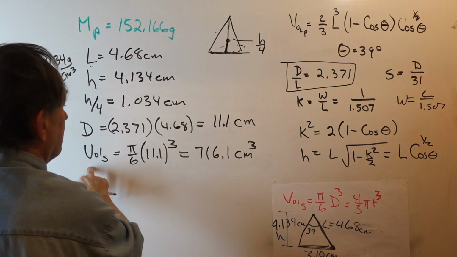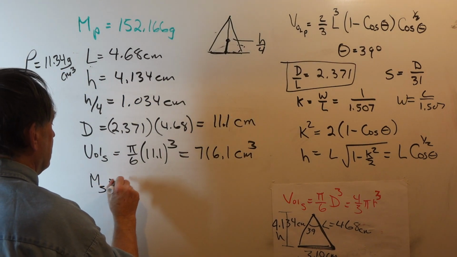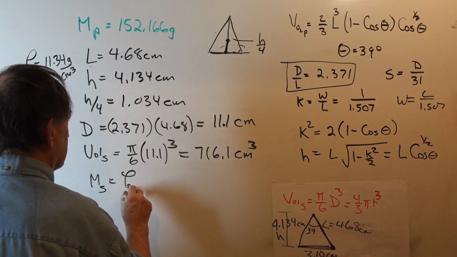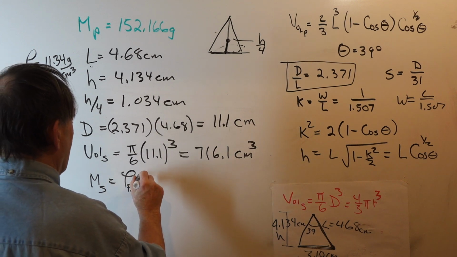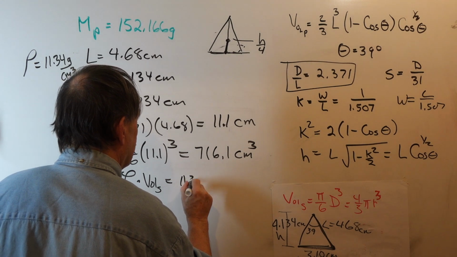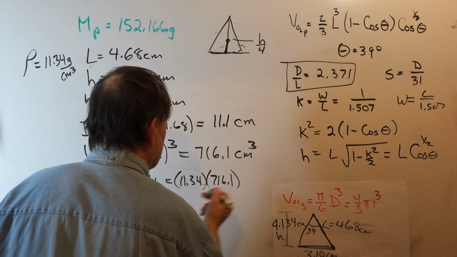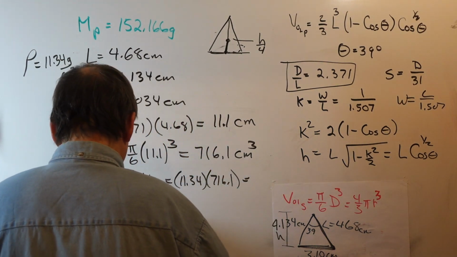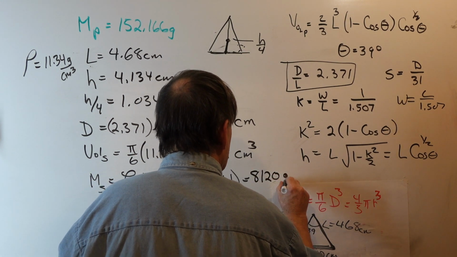We know the volume of the sphere, so we can get the mass of the sphere. So the mass of the sphere is the density of lead, Pb, times the volume of the sphere. So we have 11.34 times 716.1 cubic centimeters. So the mass of the sphere comes out to 8,120 grams.